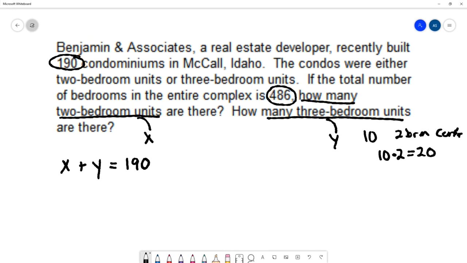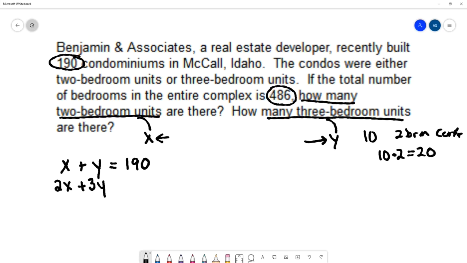We're going to do something similar. We have x number of 2-bedroom condos, so that means 2 times x bedrooms. We have y number of 3-bedroom condos, so 3 bedrooms times y number of condominiums.